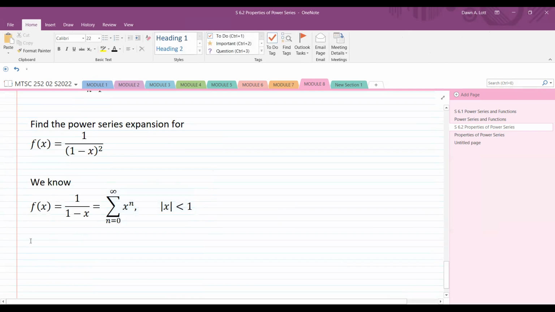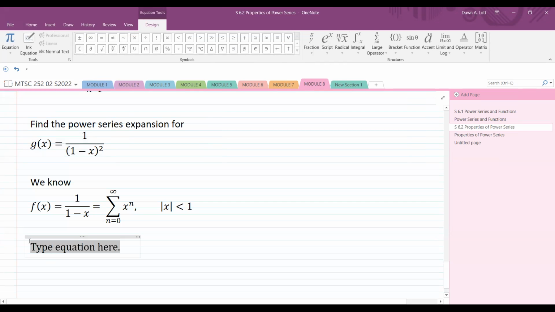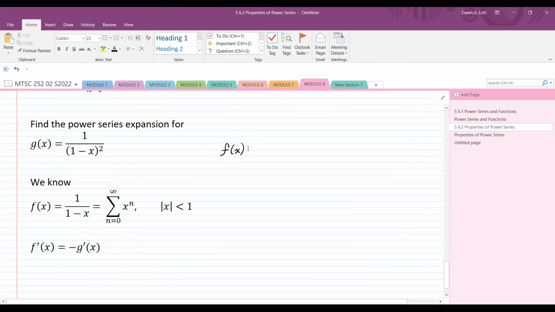Well, we also know this other thing. Let me call this G. If you take f prime of x, you get minus G of x. So f of x is 1 over 1 minus x, and f prime of x, when we differentiate it, is minus 1 over 1 minus x quantity squared.